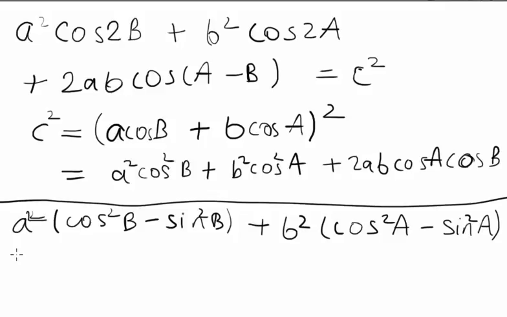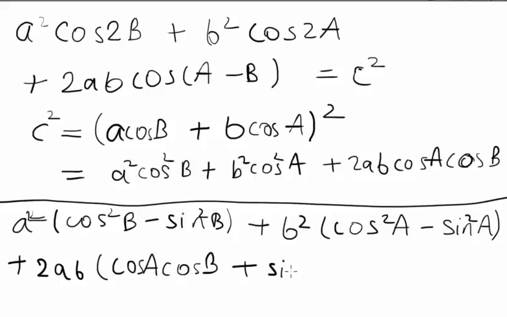And then plus 2ab cos a minus b, which is just equal to 2ab cos a cos b plus 2ab sin a sin b. So I think it's very simple. Plus 2ab cos a cos b plus sin a sin b.